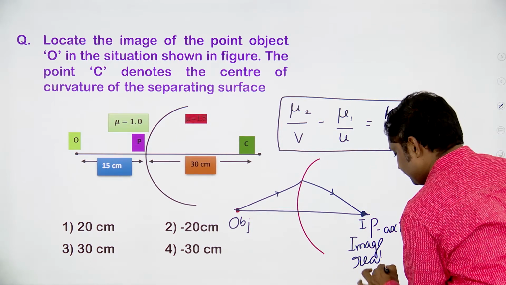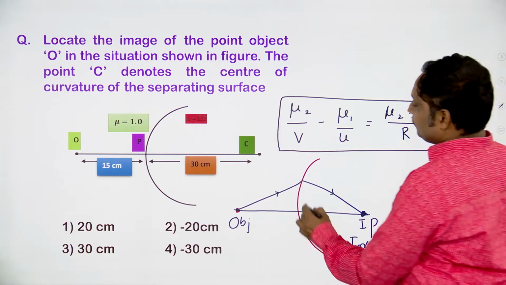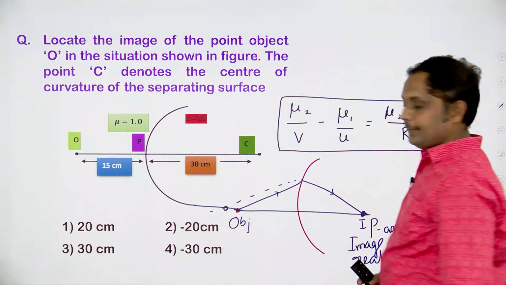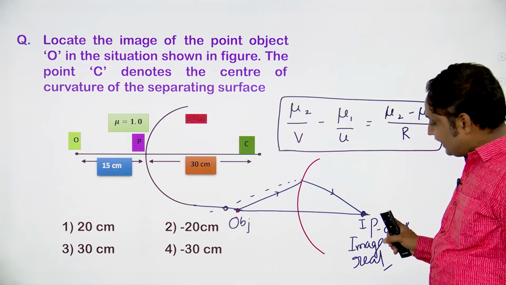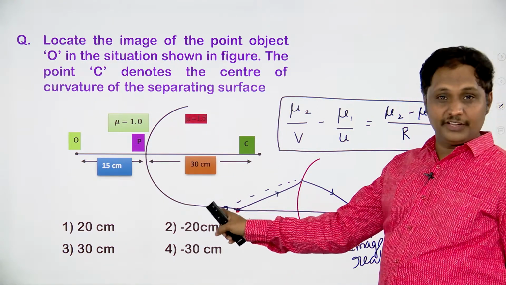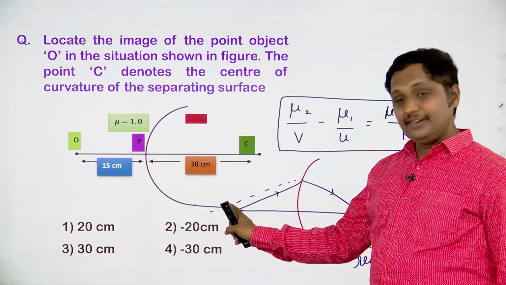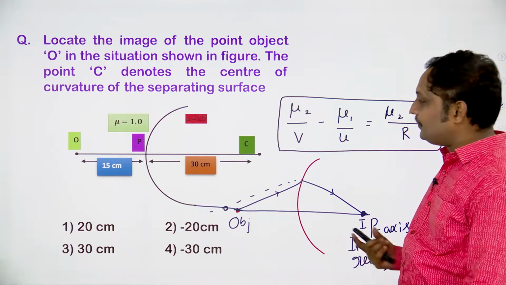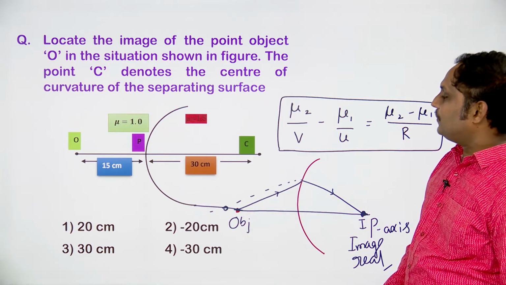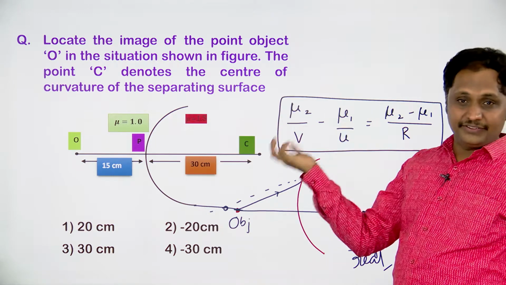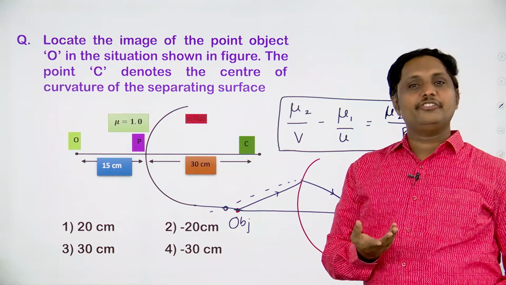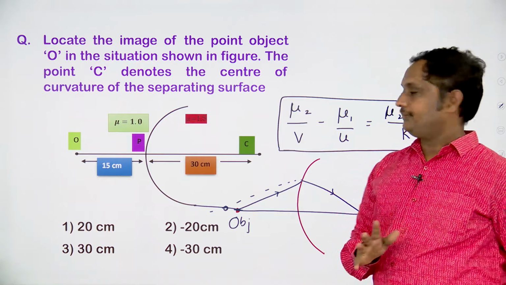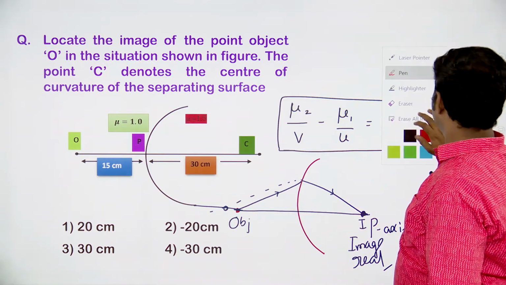If it appears to meet at this point, if the image is going to be here, then it is known as a virtual image. In this case, we would like to estimate whether the nature of the image is going to be real or virtual, and where it will form.